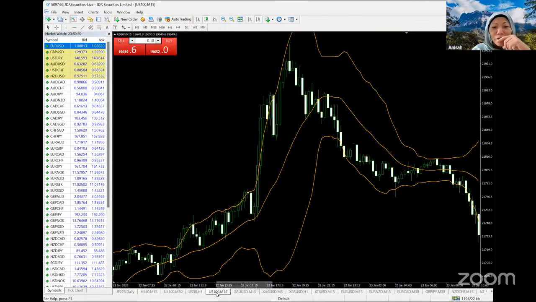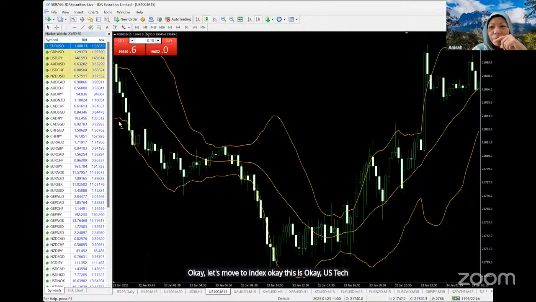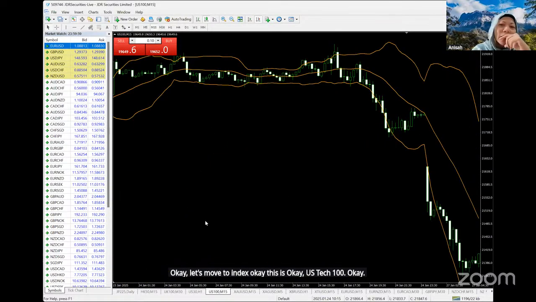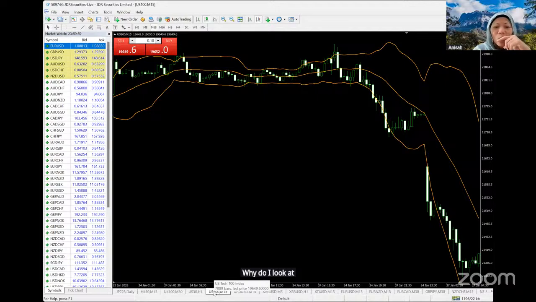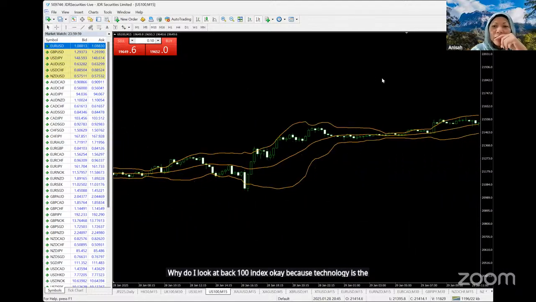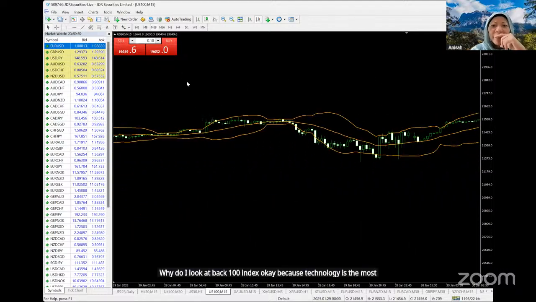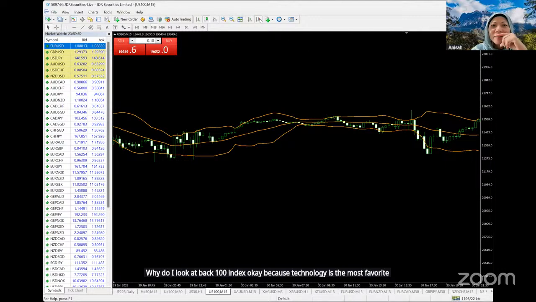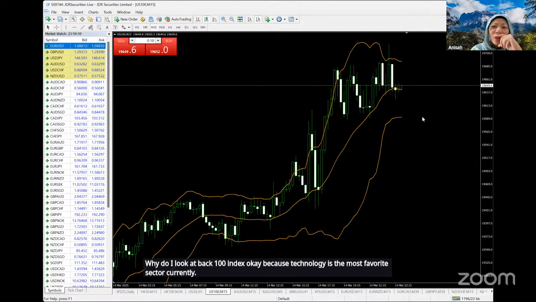Okay, let's move to index. This is US Tech 100. Why do I look at the Tech 100 index? Because technology is the most favorite sector currently. They are at the top.